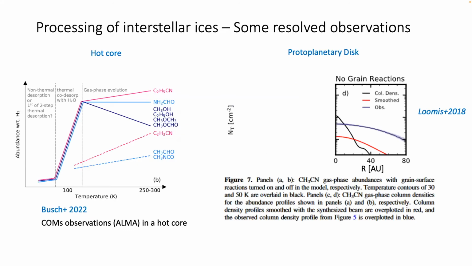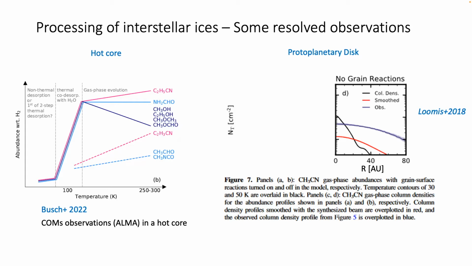So there are many insights from observations. Here I'm talking about gas phase observations. Especially with resolved observations, you can really hint at some physical processes happening in interstellar ices. For example, here is an observation of a hot core with some complex organic molecules, and you have a change in the abundance when you consider different temperatures in this hot core.